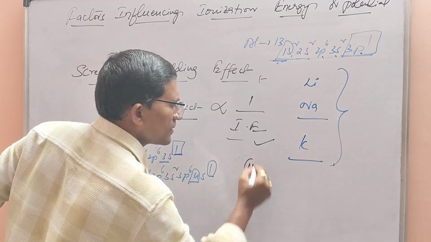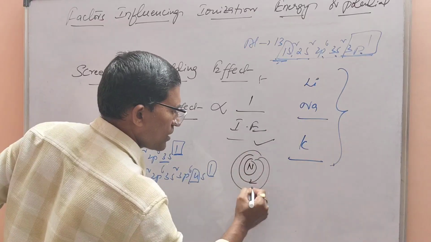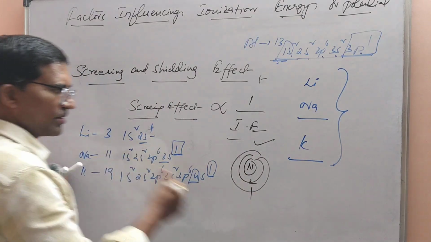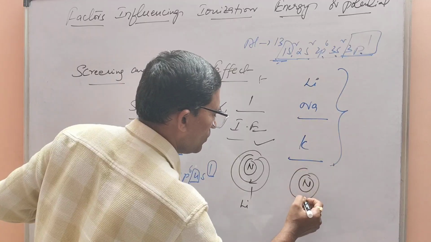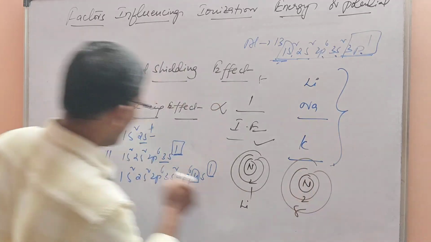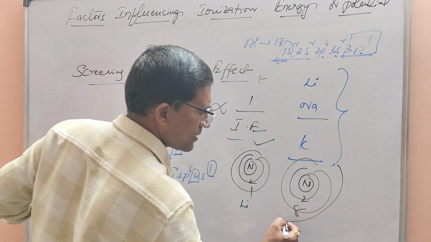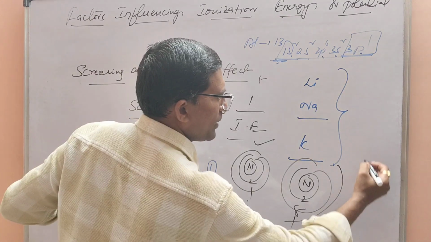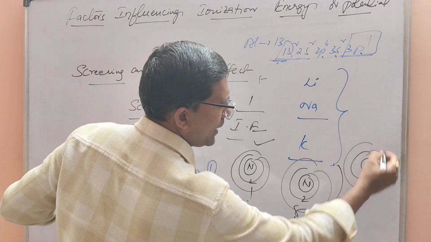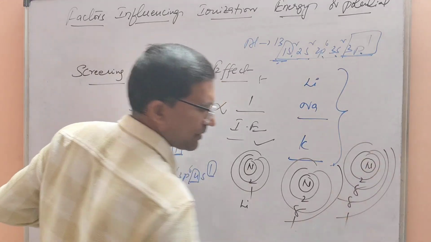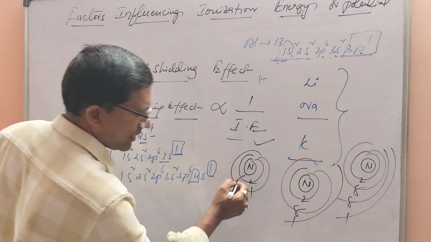Lithium: nucleus, first shell 2 electrons, last shell 1 electron according to this configuration. Now, this is for lithium. Sodium: you take nucleus, first shell 2, second shell 8, last shell 1 electron, 3s1. Now, in case of potassium: nucleus, first shell 2, second shell 8, third shell 8, fourth shell 1. Here is K shell, L shell.